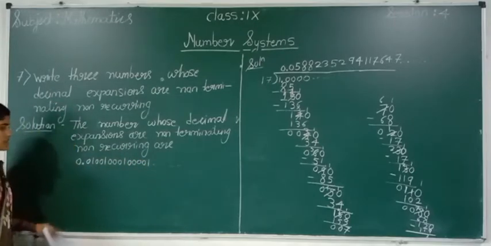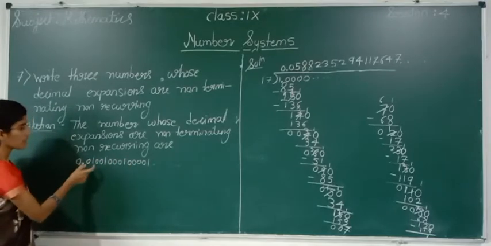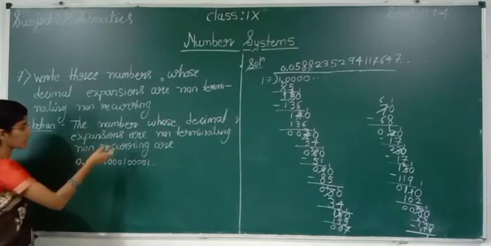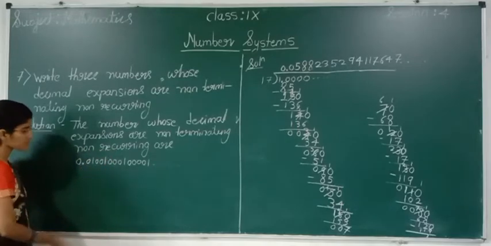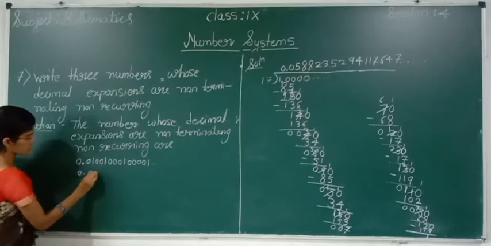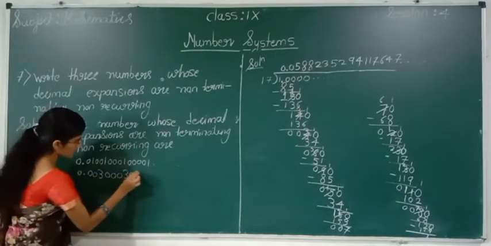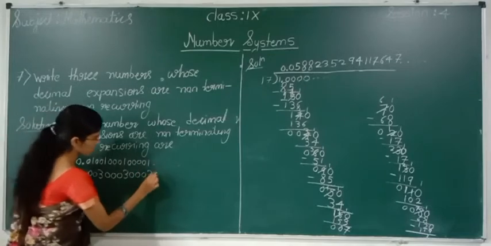This is an example here. It is not repeating. Non-terminating, non-recurring means it is not repeating. Again you can give the example 0.0003. Okay, so many examples you can give for this.